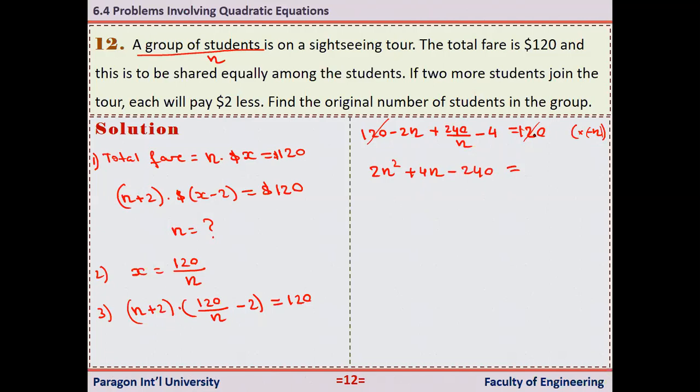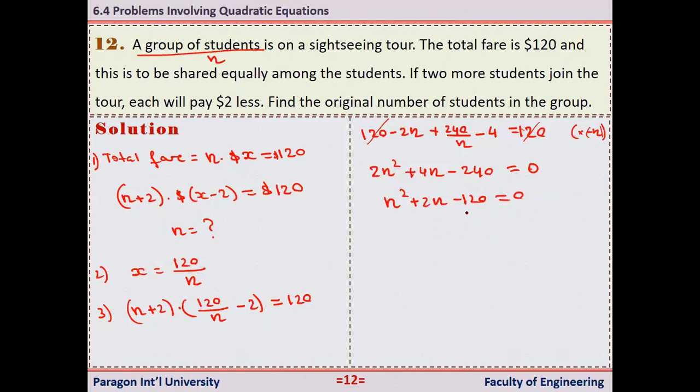On the right hand side, 0 times negative N is equal to 0. We can simplify this further. If you divide both sides by 2, we have N squared plus 2N minus 120 equals 0.